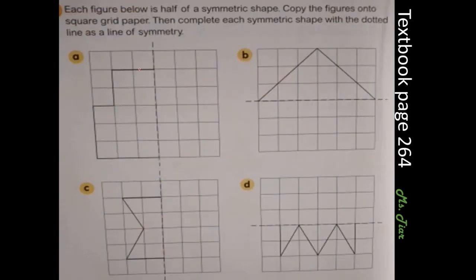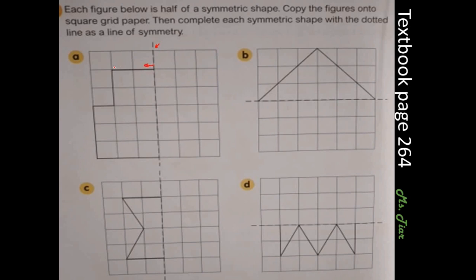Okay, now let's check this side. Each figure below is half of a symmetric shape. Copy the figures onto square grid paper, then complete each symmetric shape with the dotted line as a line of symmetry. I'm going to help you with question A. How do we do this? This is the line of symmetry, right? You need to draw starting from the line of symmetry.